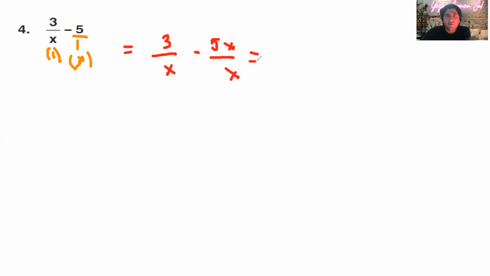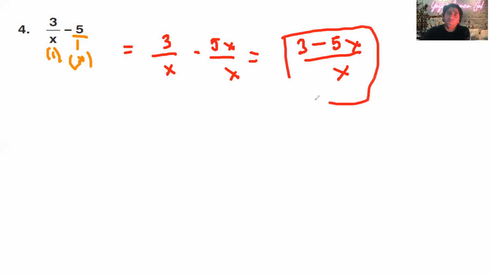Then this is going to be 3 minus 5x over x. So this is going to be the answer. Okay, so now let's continue with the next question.